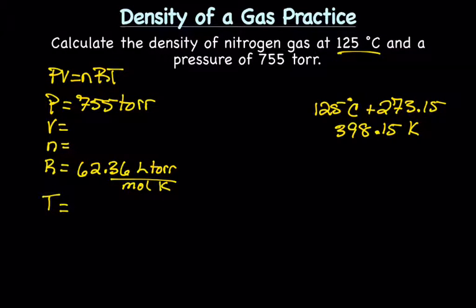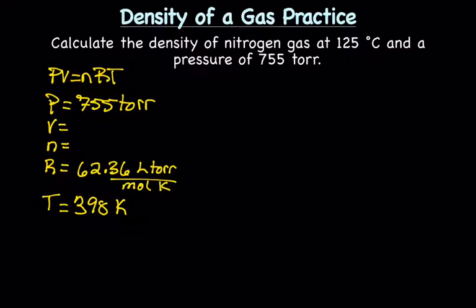And 125 has no places after the decimal, which means our answer is going to have no places after the decimal. So our temperature is 398 K.